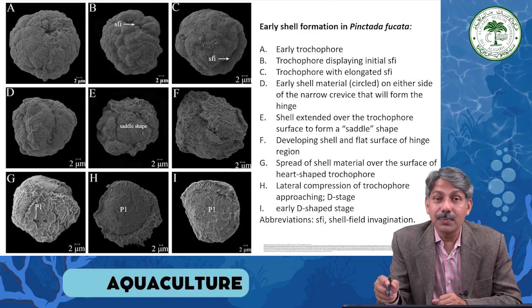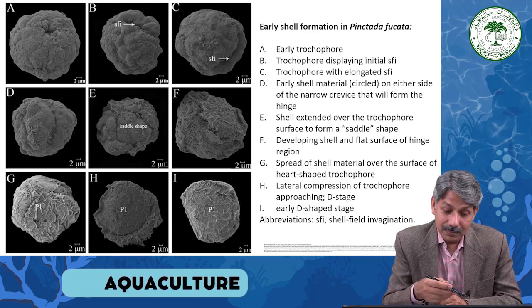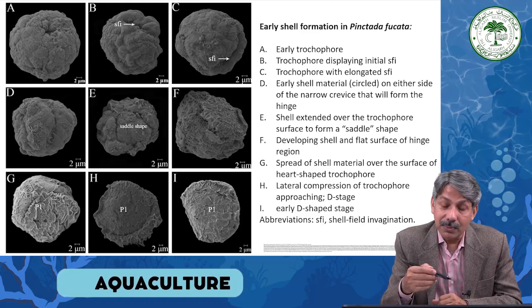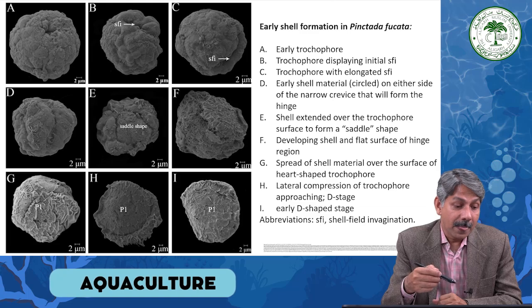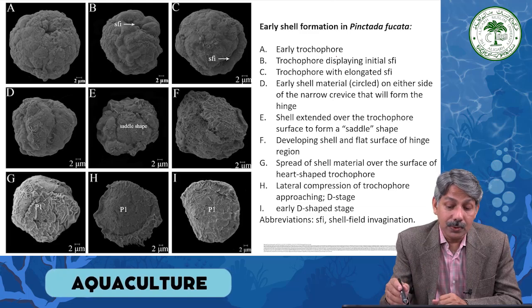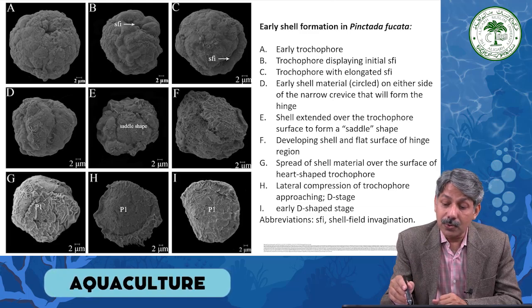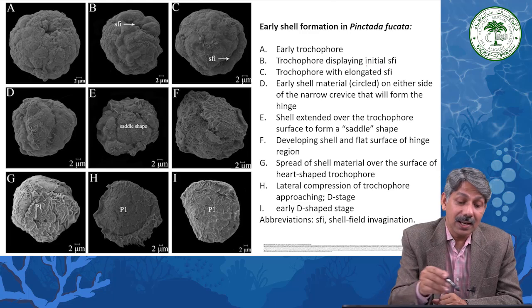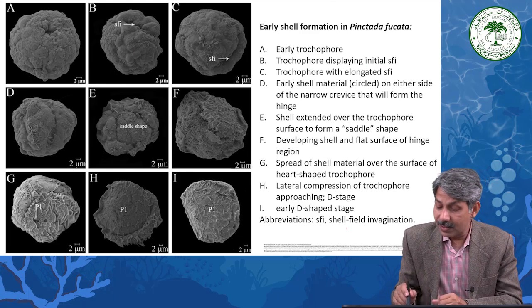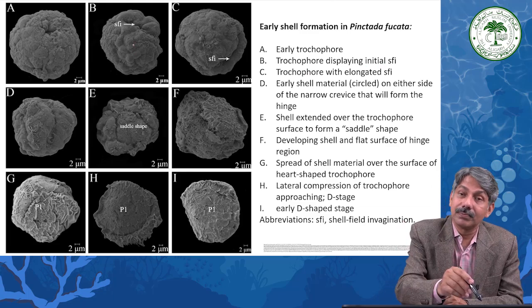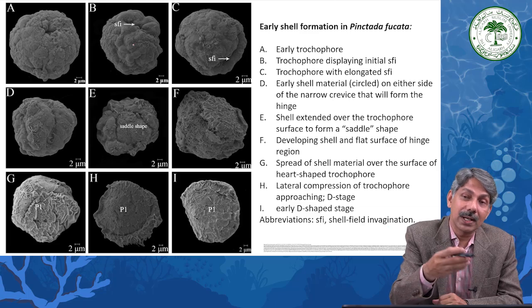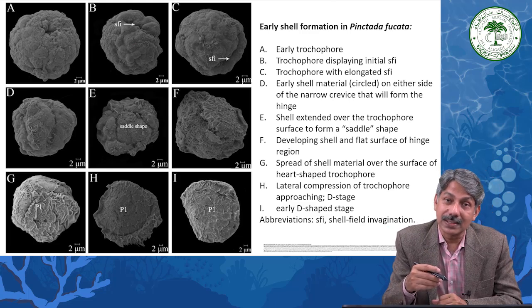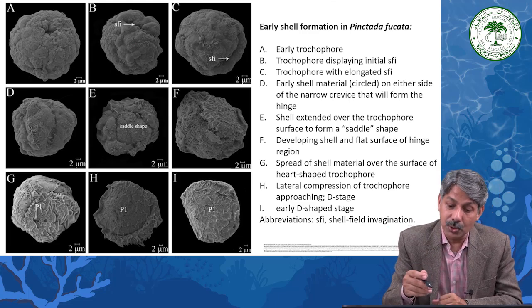Early shell formation in Pinctada fucata, the characteristic that we have been discussing in the previous slides. A. Early trochophore. B. Trochophore displaying initial SFI. SFI is shell field invagination. So, how the shell formation is occurring in Pinctada fucata is shown.